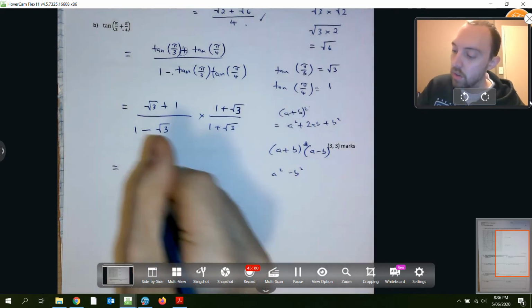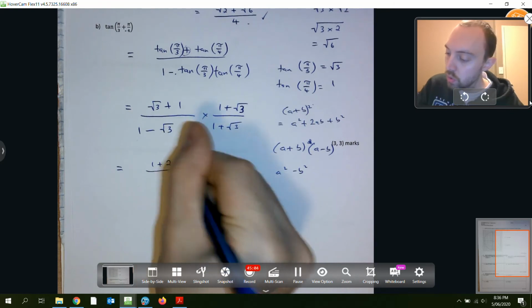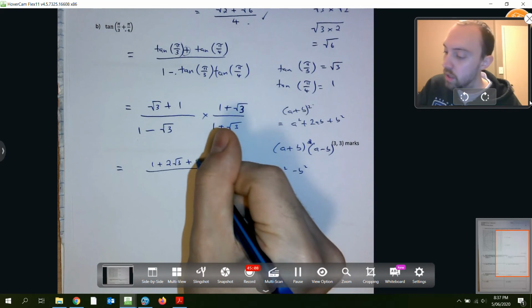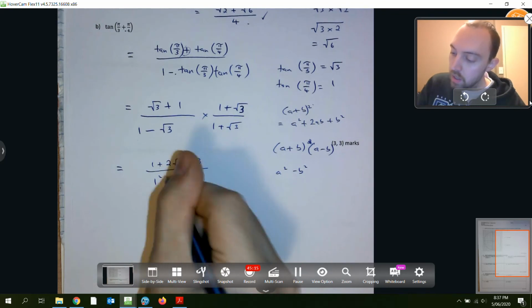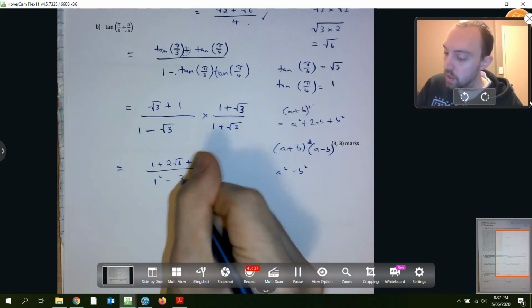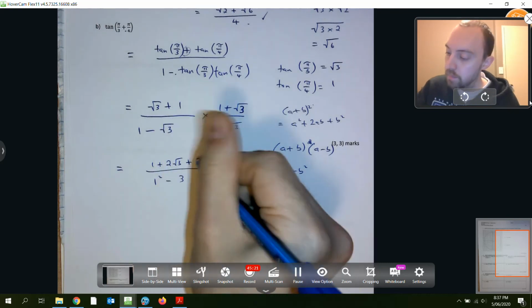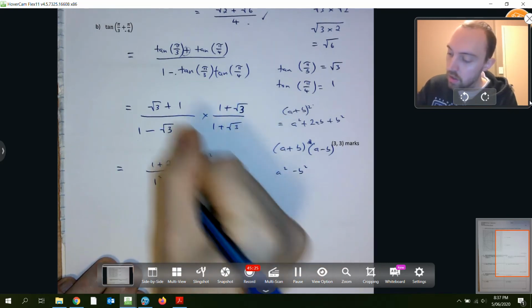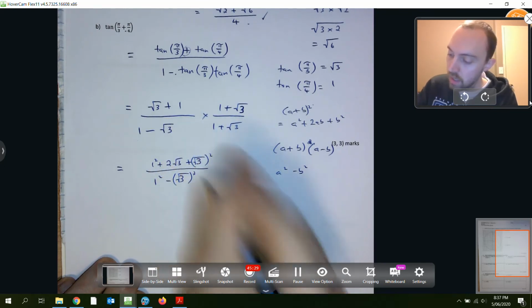So we've got on the top line 1 squared plus 2 root 3 plus root 3 squared, which is just 3. 1 squared take root 3 squared is 3. Maybe it'd be easier if I chucked this in to some brackets.